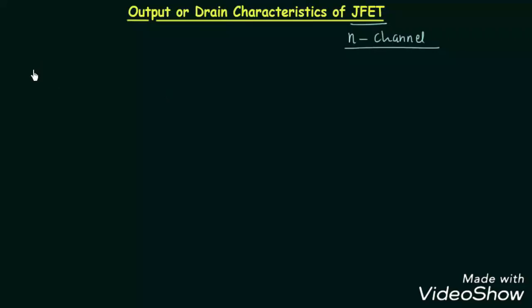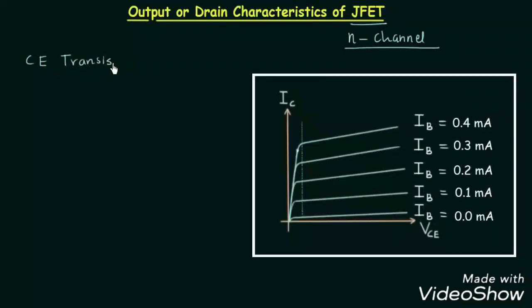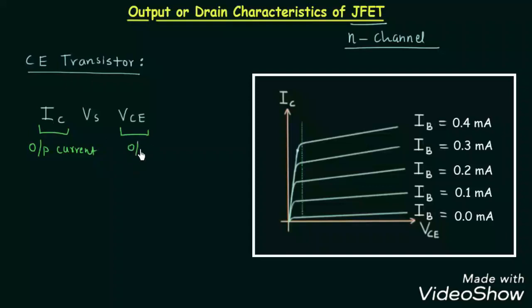If you remember the output characteristics of common emitter transistor, we obtained various IC versus VCE curves, where IC is the output current, or the collector current, and VCE is the output voltage or collector to emitter voltage.